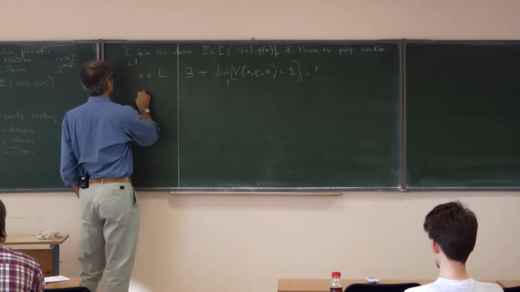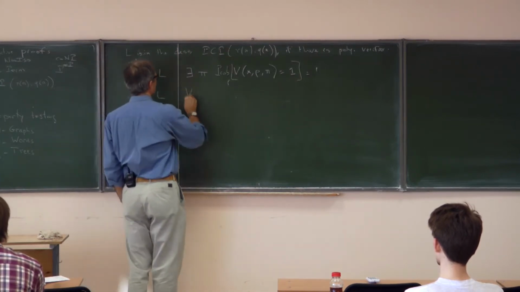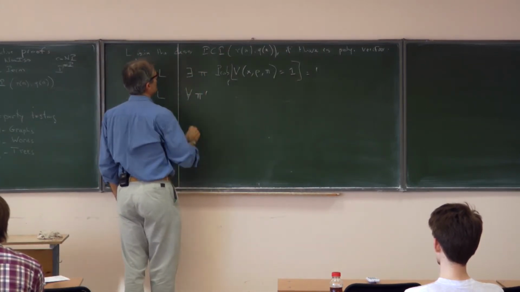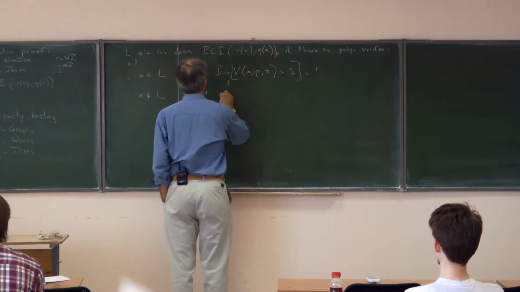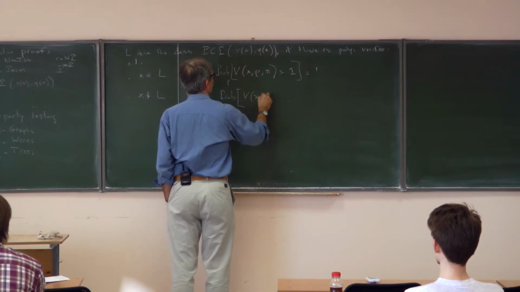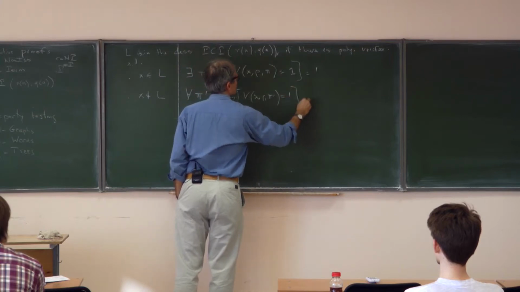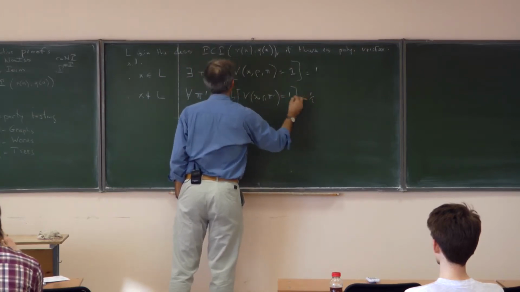And if x is not in the language, then for all pi prime, the probability that V accepts on pi prime is smaller than 1/2.